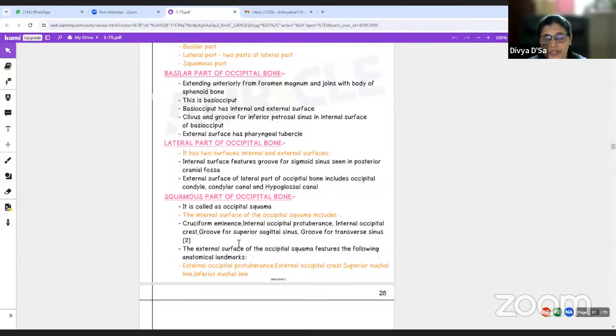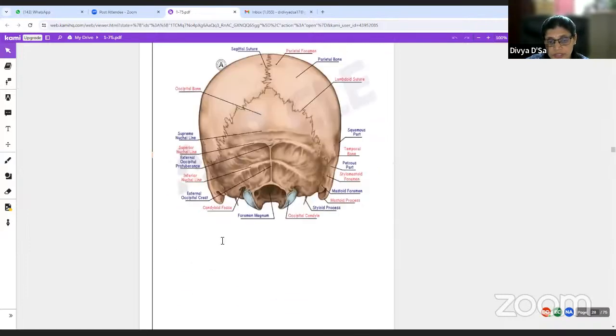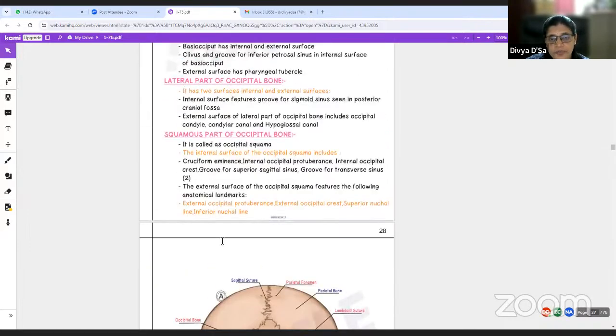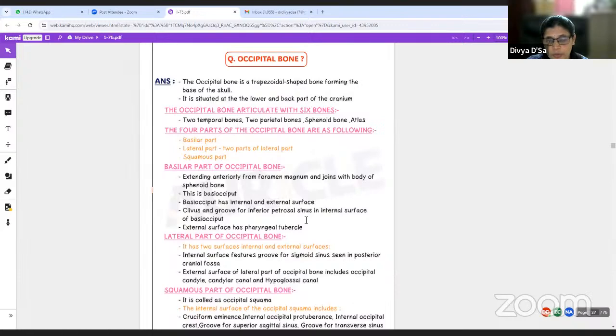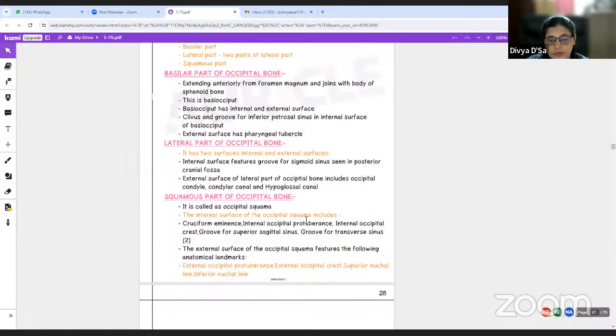The internal surface here will have the cruciform eminence, internal occipital protuberance, and internal occipital crest. All those features we can see in the interior of the cranium. It will also have a groove for the superior sagittal sinus as well as a groove for the transverse sinus. Here, since it is closed, I will not be able to show you. If it's an open skull, you'll be able to see those things.